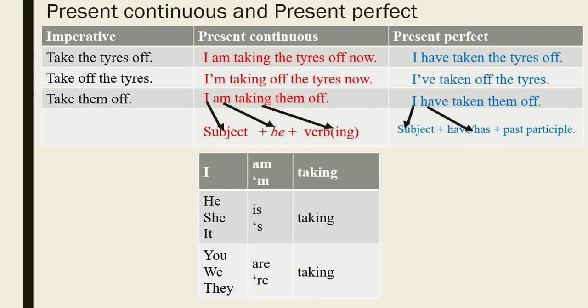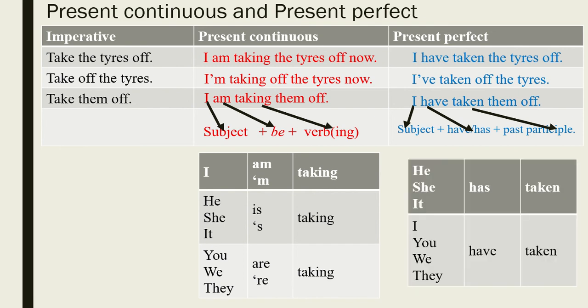So it can be either have or has, depending, of course, on the subject. And finally, we have the past participle of the verb. This table will give you a quick summary. He, she, and it go with has, and then the past participle. And I, you, we, and they go with have, and then the past participle.